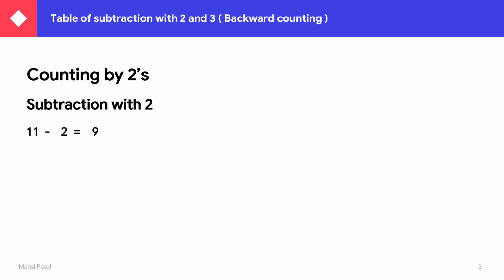If we take away 2 from 11, the remaining number is 9. So we can say 11 minus 2 is equal to 9. Then 10 minus 2 is equal to 8. If we take away 2 from 9, remaining is 7. 8 minus 2 is 6. 7 minus 2 is 5.